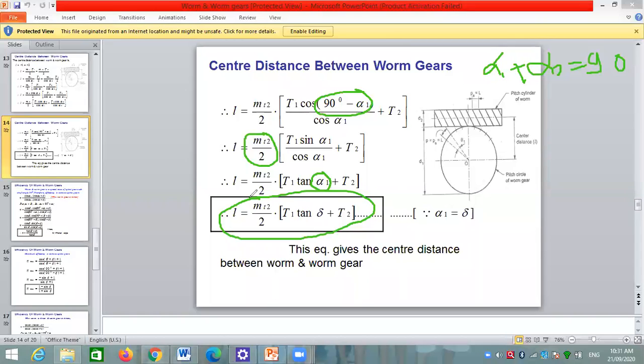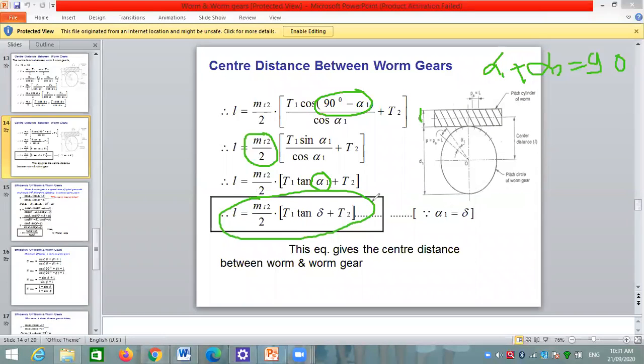T1 is the number of teeth on a worm, and T2 is the number of teeth on a worm wheel.